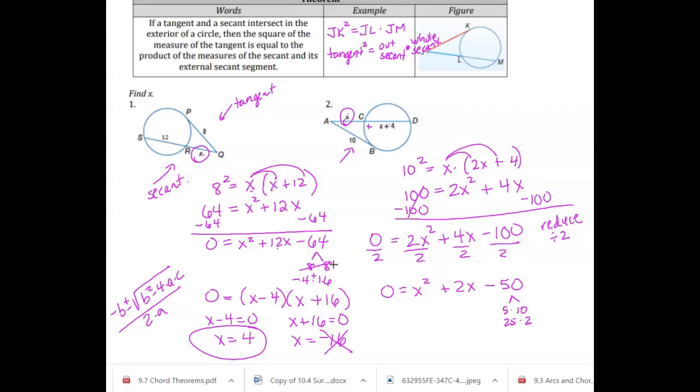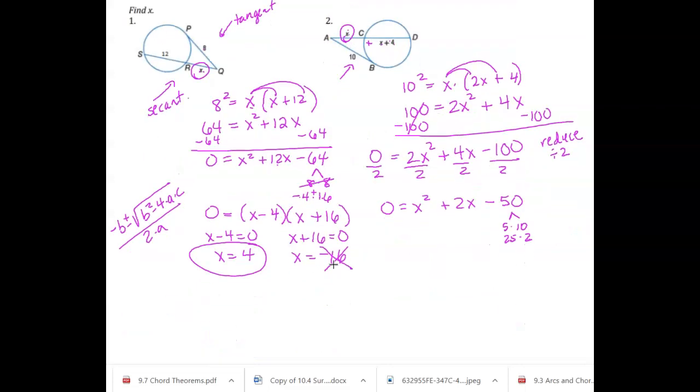Well, that's not going to work either. So what does that mean? That means that this is not factorable. Okay, so we really don't have a choice. I do need to do that quadratic formula. So I'm going to put a 1 here for A, B is 2, and C is negative 50.